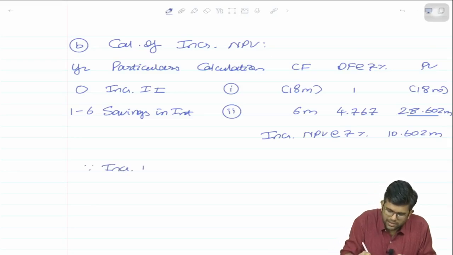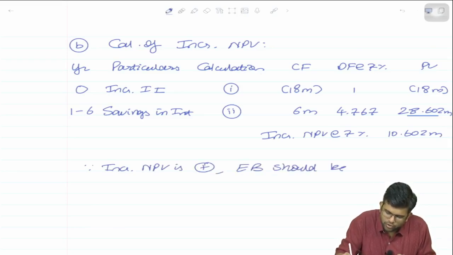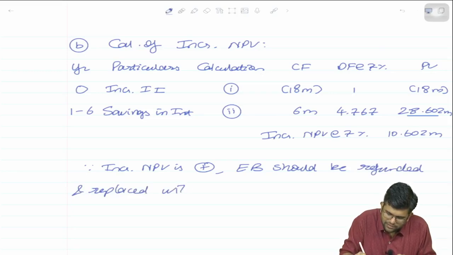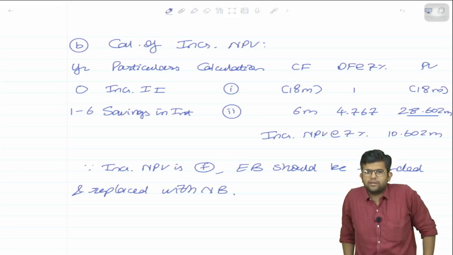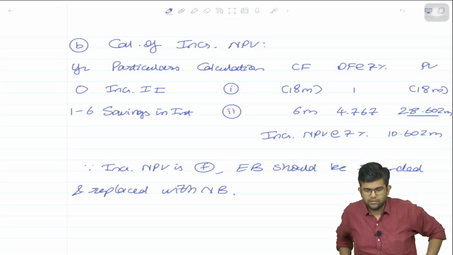Since incremental NPV is positive, existing bond should be refunded. Everybody clear? And replaced with new bond. Story understood? Everything clear? Okay.